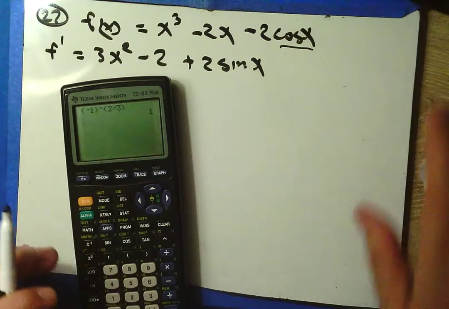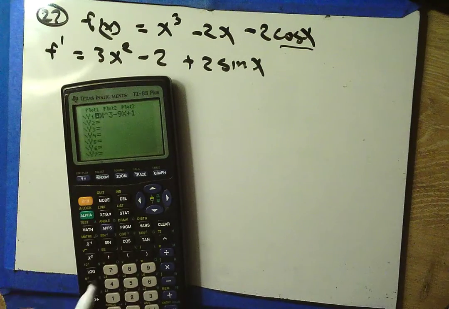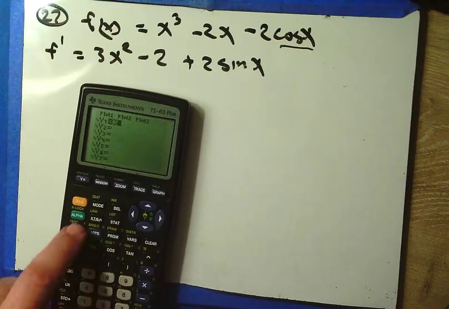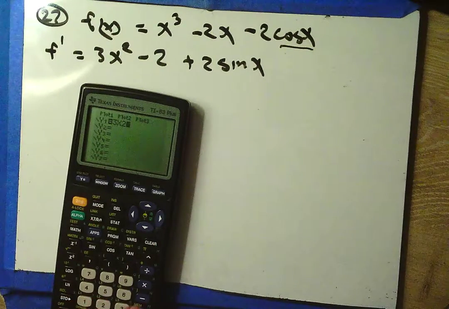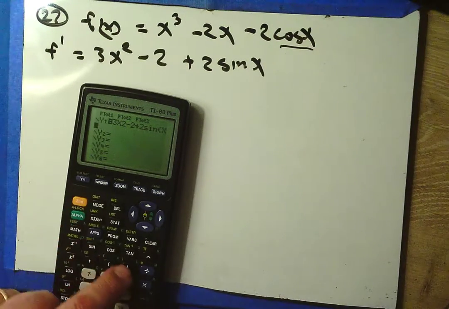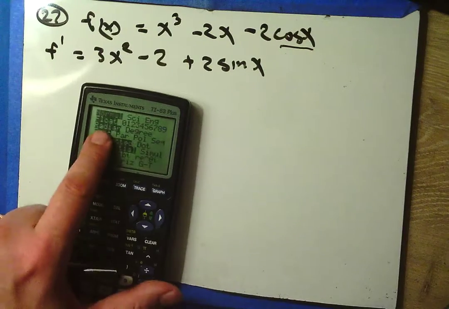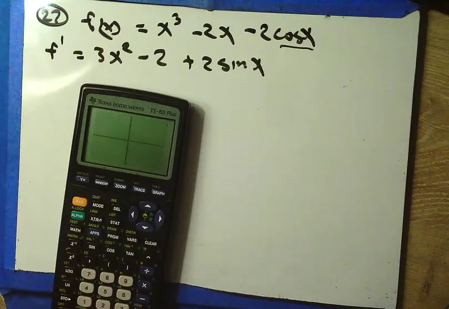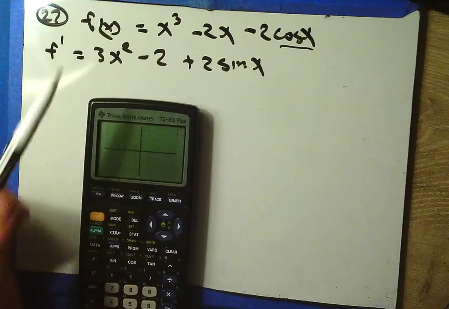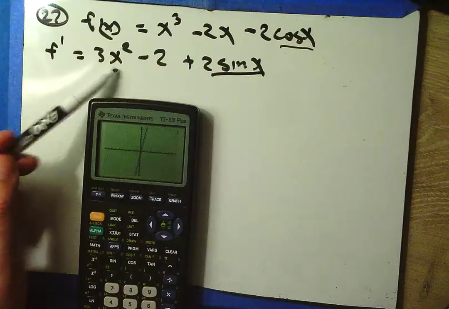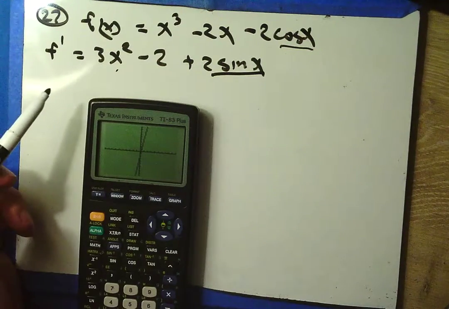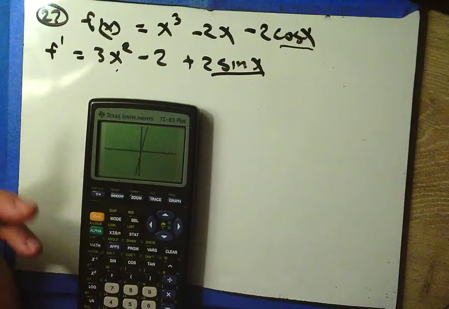So let's type in our function into y1. We've got 3x squared minus 2 plus 2 sine x. And I'm just going to check my mode to make sure I'm in radians. Good. And I'm going to do zoom standard because I have no idea. I expect it to vibrate up and down, but I expect it to kind of be parabola-like. I don't really see a parabola here. Shouldn't a parabola go up and down?